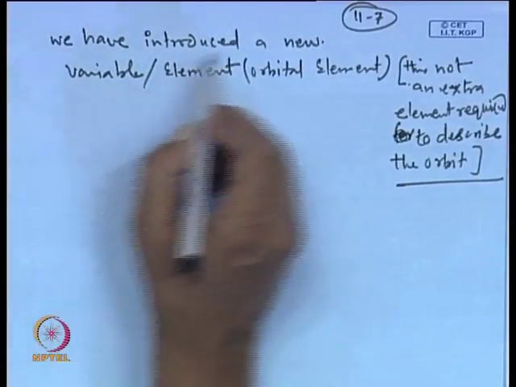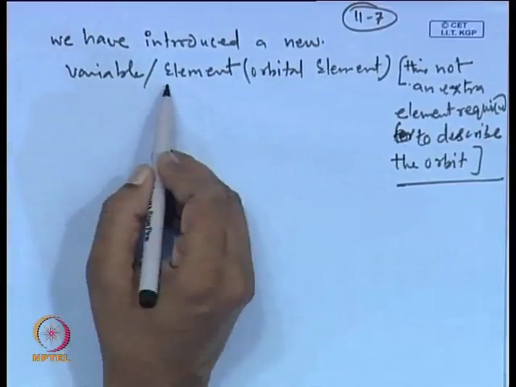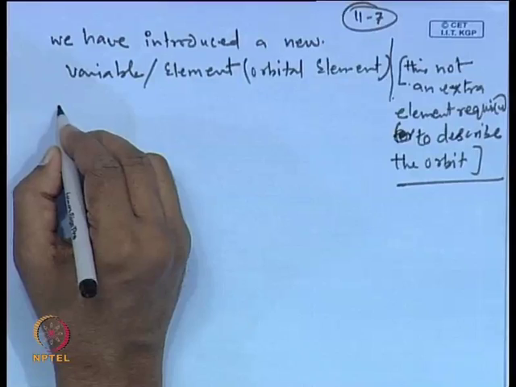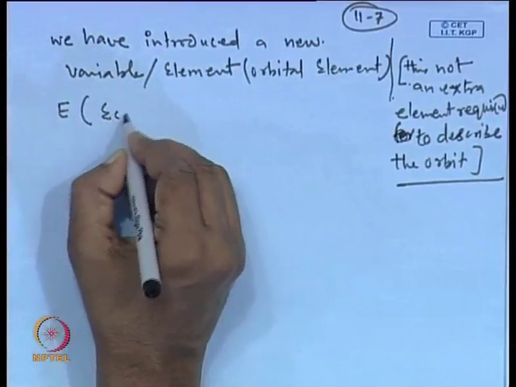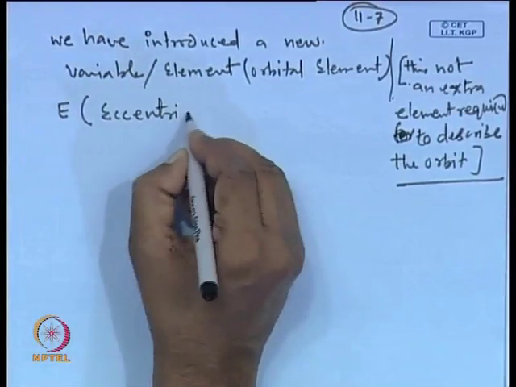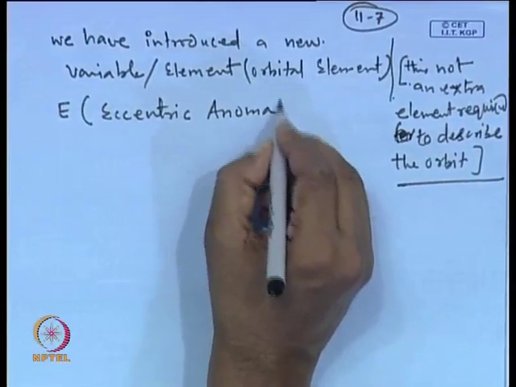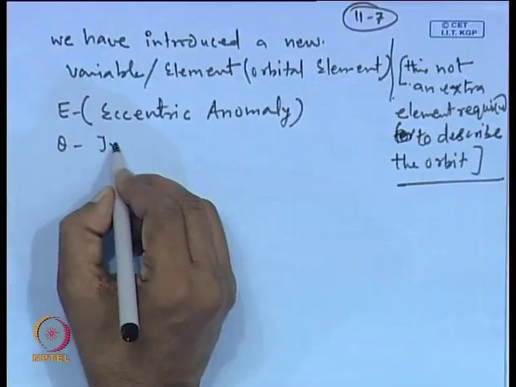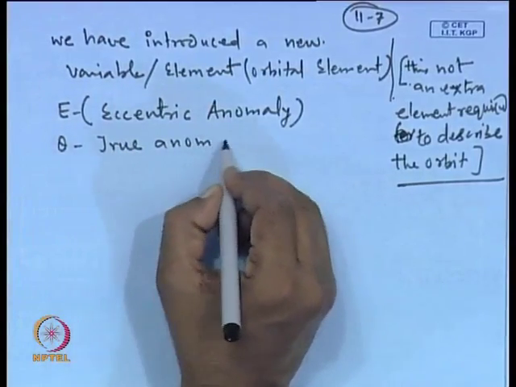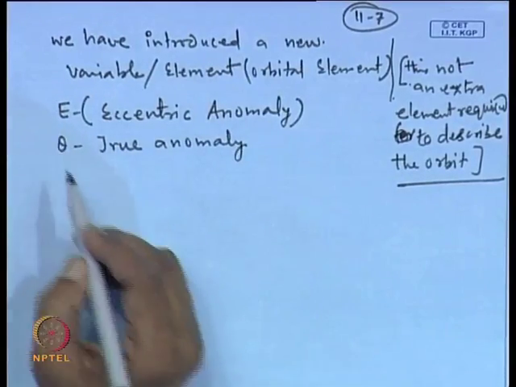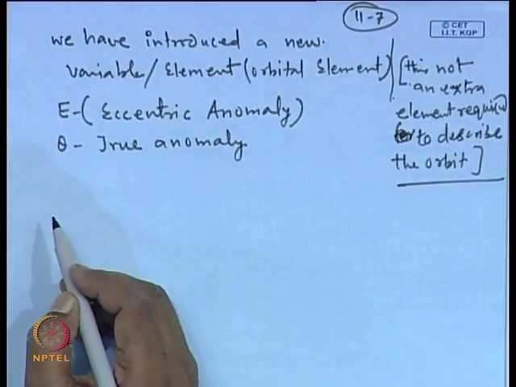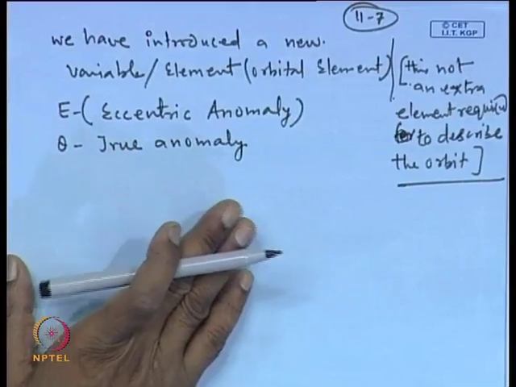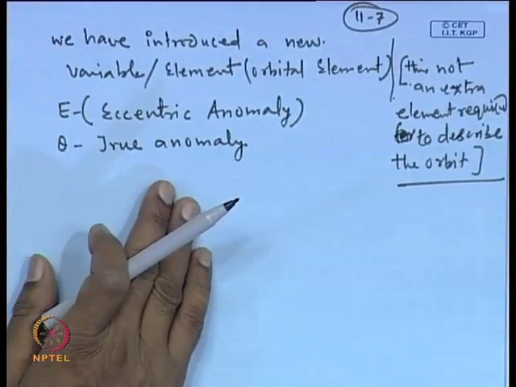So, here we have introduced a new variable slash orbital element, E, which is called the eccentric anomaly, and theta is our true anomaly. So, here we try to find out the relation between E and theta first, and moreover this can be done geometrically, but we will try to go here using the analytical method.